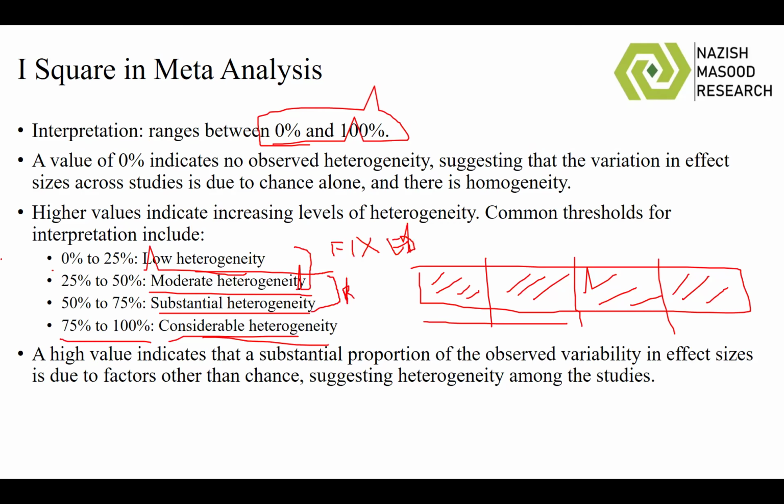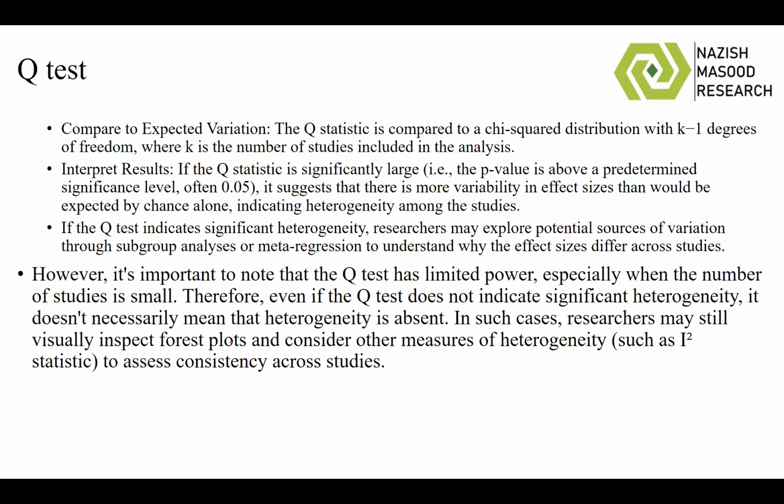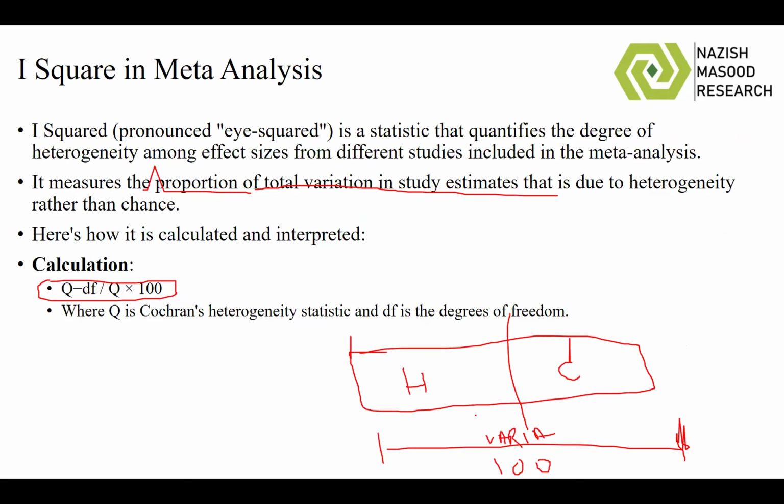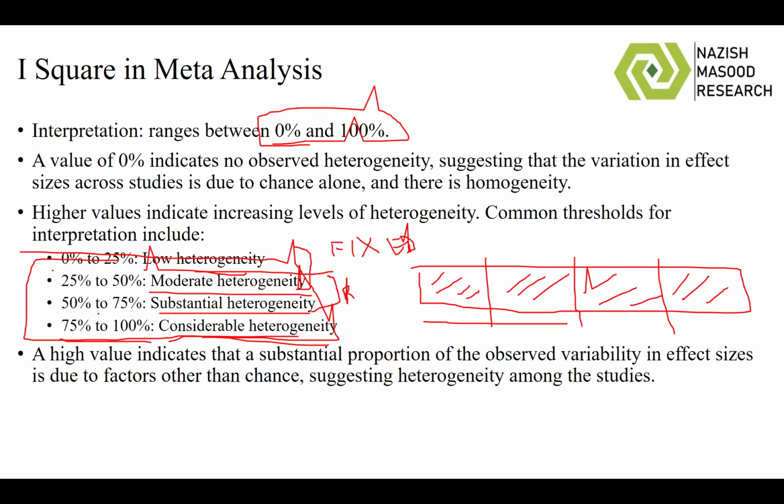The important thing here is not the calculation of Cochrane Q or I square, but the interpretation. The interpretation of Cochrane Q, like I said, is like the interpretation of a p-value. You just check if it is less than 0.05 or not. The interpretation of I square is in percentage. Think of it like a correlation coefficient: 25, 50, 75, and then 100%.